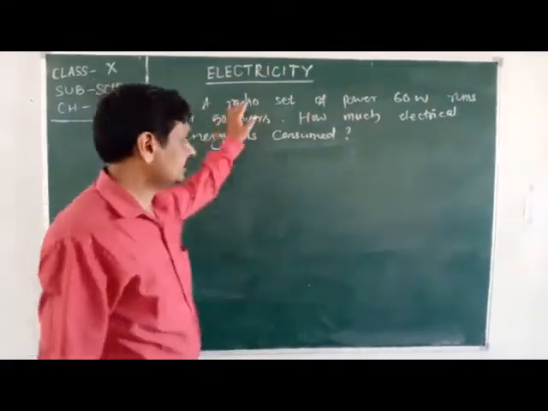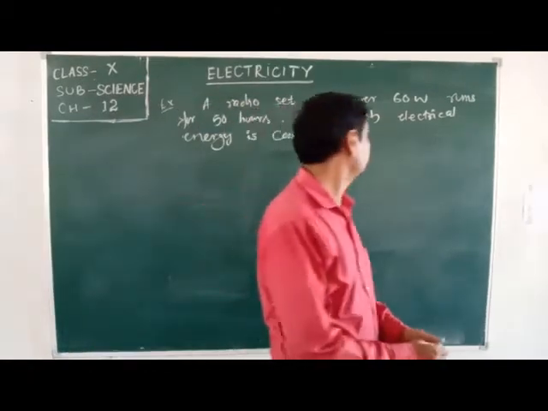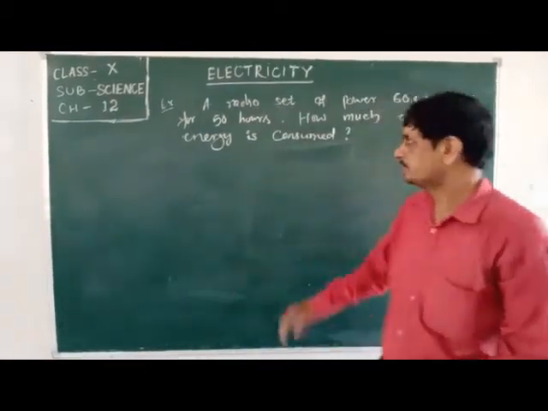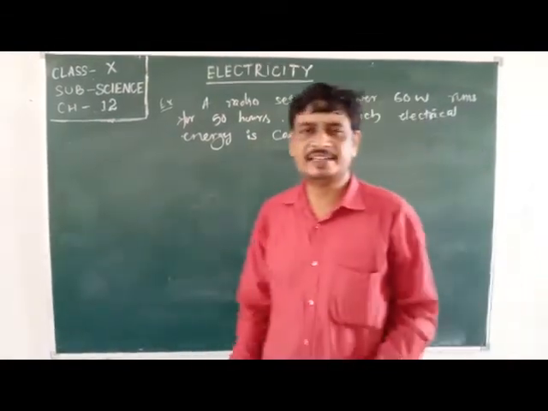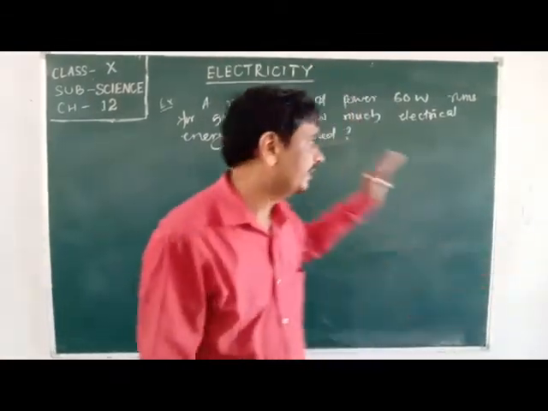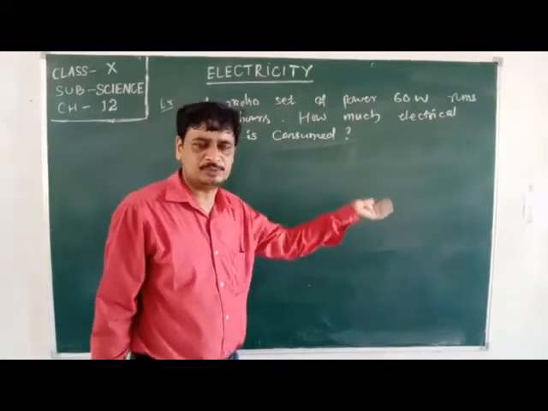If a radio set having power 60 watt runs for 50 hours, then we have to find the amount of electrical energy which is needed for it or which is consumed by it.